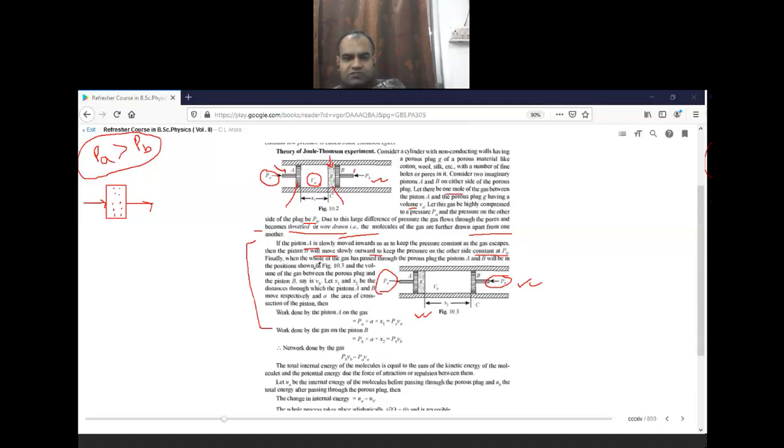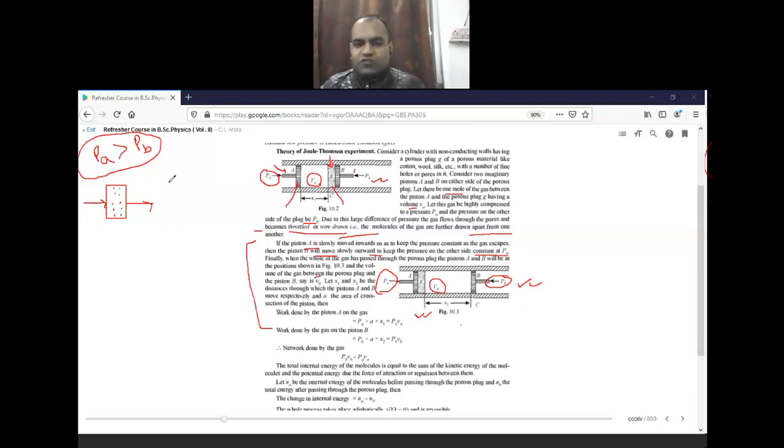Finally, all of the gas has passed through the porous plug. The pistons A and B will be in new positions. Like earlier, this is the piston A, this is the piston B, and now all the gas has passed through the porous plug, so the pistons A and B are at different places. Now consider that the volume of the gas under this current configuration is VB.